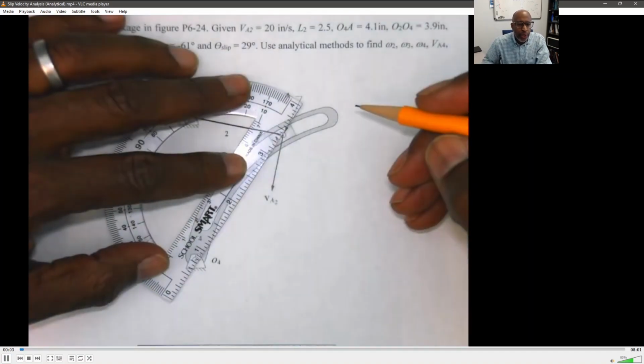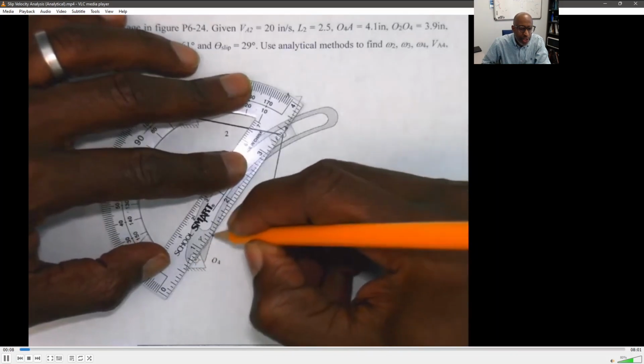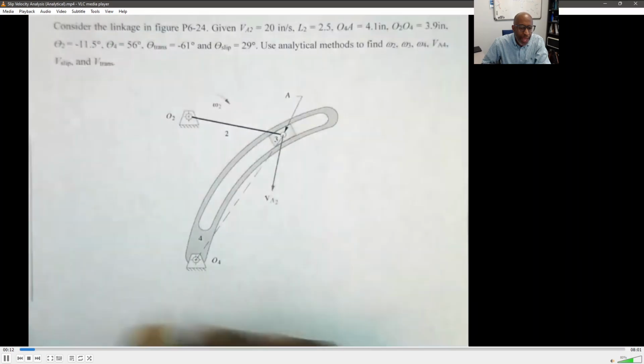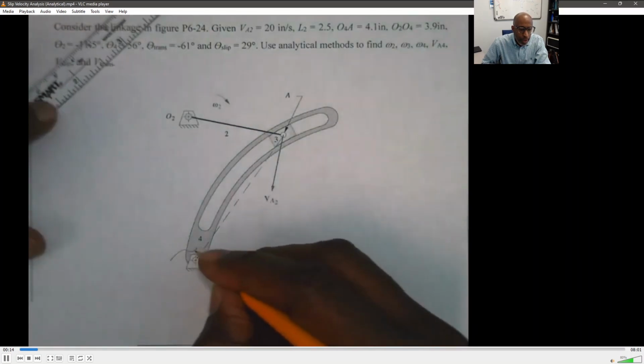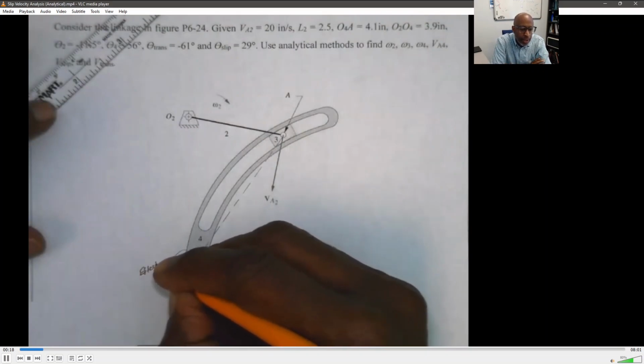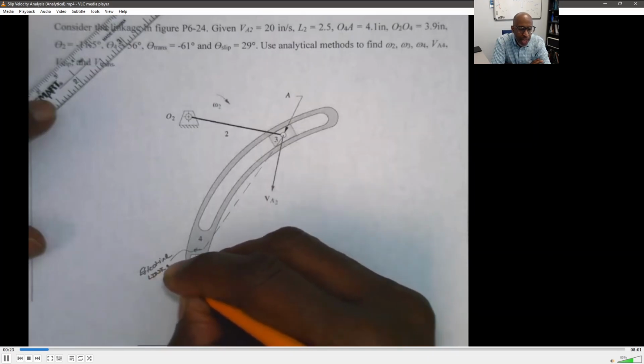First thing we want to do is acknowledge our effective length 4, because in this particular case we have a changing length 4, and it goes from O4 up to A. Let's just indicate that, just so we remember, this is effective length 4, and is a changing length.